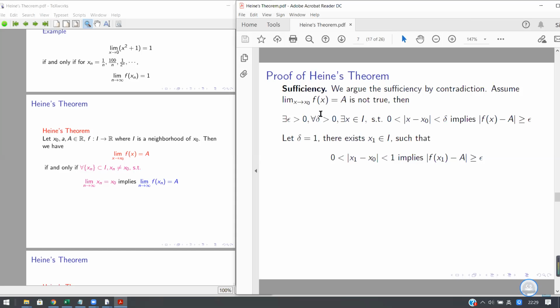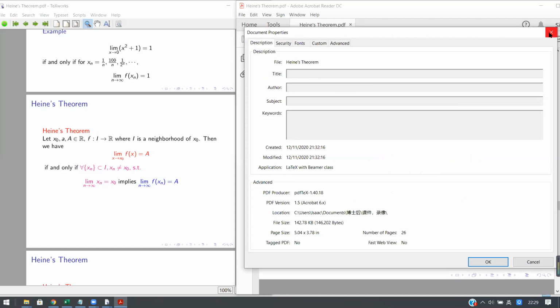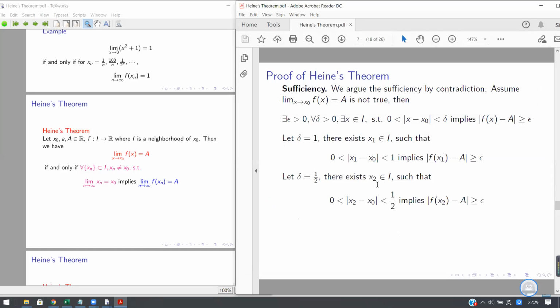Notice there's a for all positive delta. Then we take delta to be 1. There exists x1 such that this holds implies this holds. Also, we can take delta to be a half. There exists x2 such that this holds implies this holds, right?